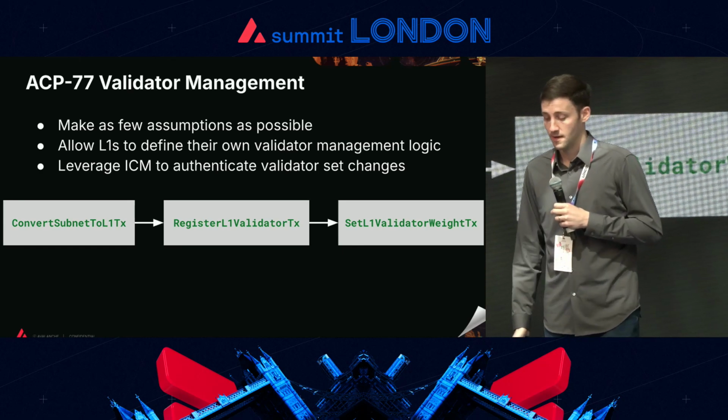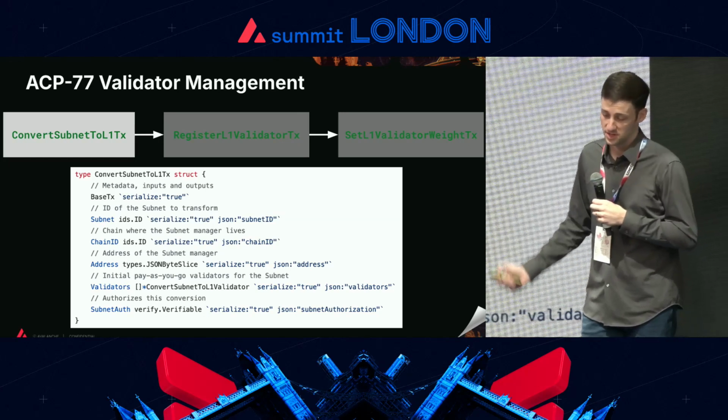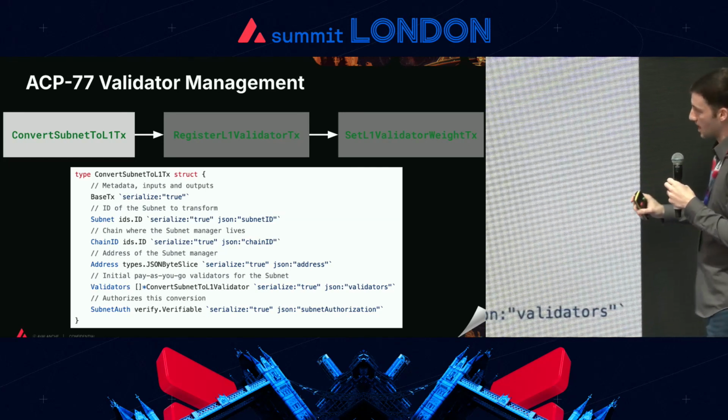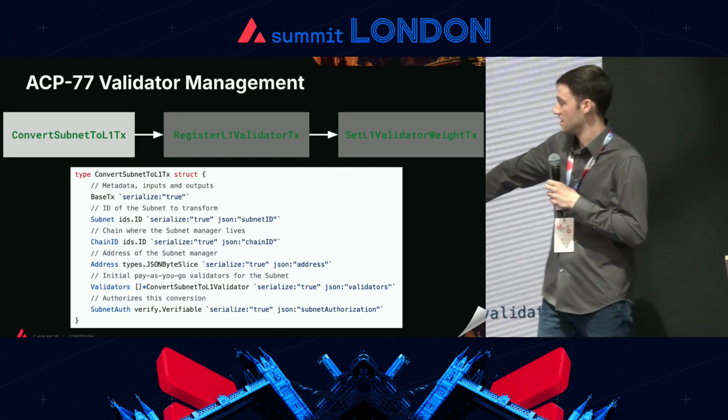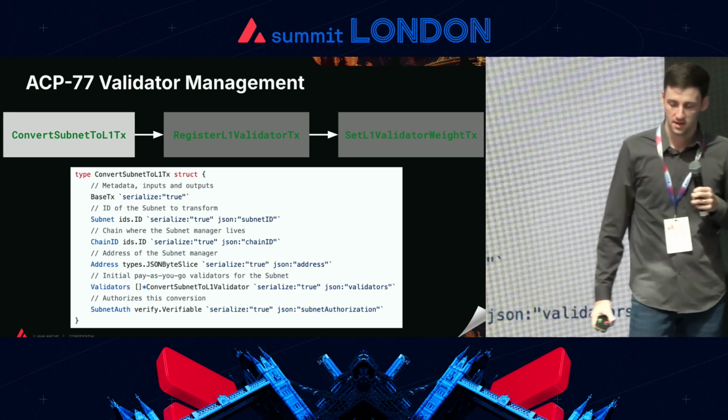The way that that is now defined is through this convert subnet to L1 transaction. And the most important part I would want to point out here is the chain ID and the address of the validator manager for the L1 that's being created.